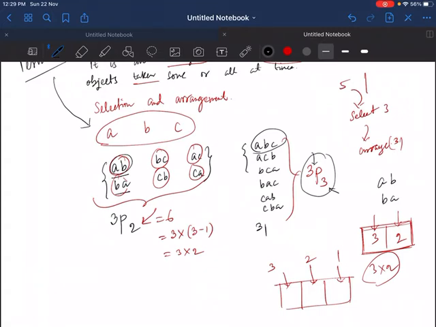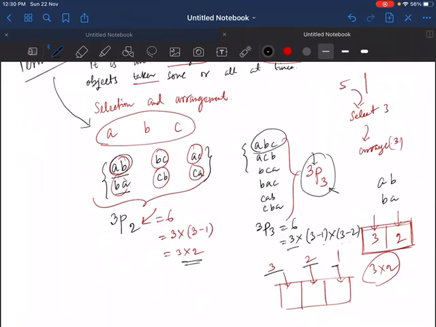So here 3p3 can be written as 6, and that can be written as 3 into 3 minus 1 into 3 minus 2. For 3p2 we had 2 compartments, so we write 3 into 3 minus 1, that is 3 into 2. And for this one we write 3 into 3 minus 1 into 3 minus 2.